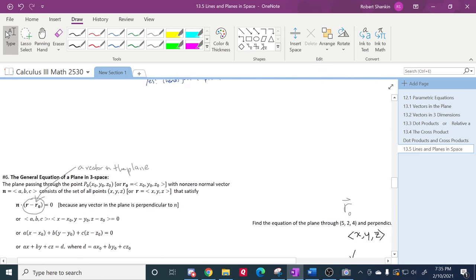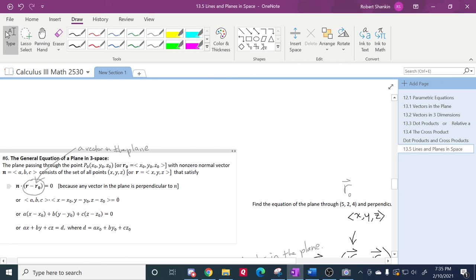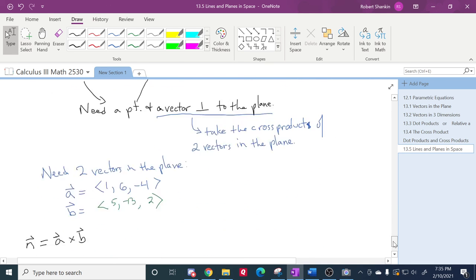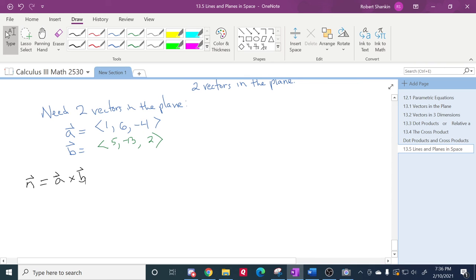It's the definition of how we define a plane mathematically, equation of the plane. And now we need the cross product, in this case, to come up with the vector perpendicular to the plane. So we're going to do this.